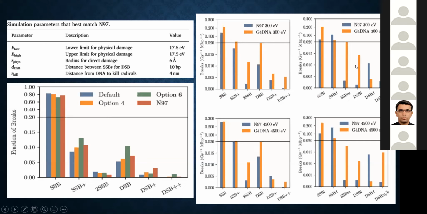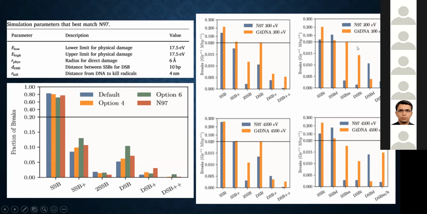A remark from this is that we have direct and indirect damage in the double strand break, and our Geant4-DNA is always this one. Our Geant4-DNA simulations describe more indirect than direct damage than N97 over here.